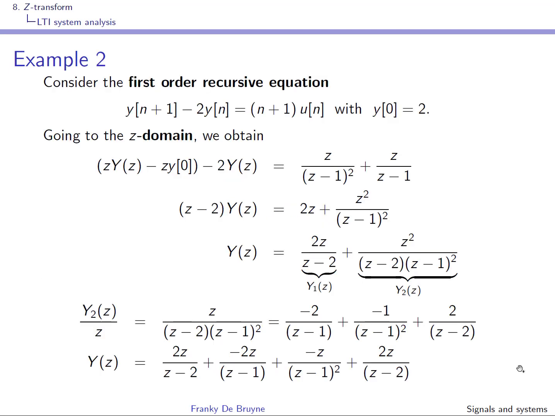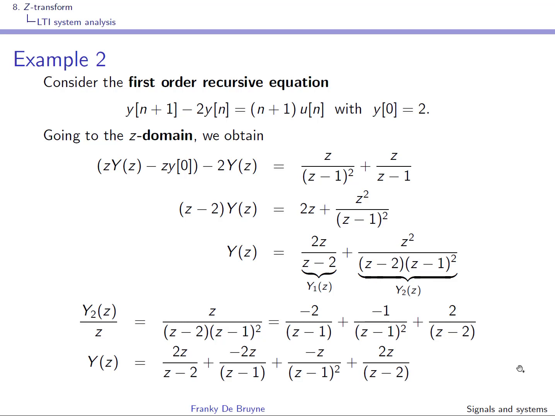In example 2, we have a first order recursive equation, and notice here that the time shifting is to the left. In a real physical system, we have seen that this involves recursive equations with time shifting to the right. In some applications, you might also be confronted with recursive equations with shifting to the left, and here this is the case.